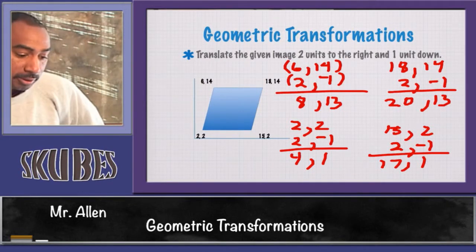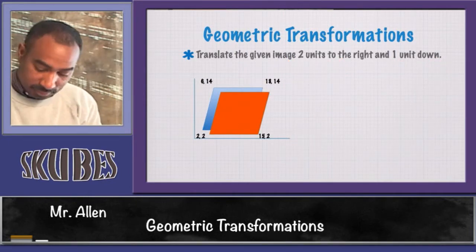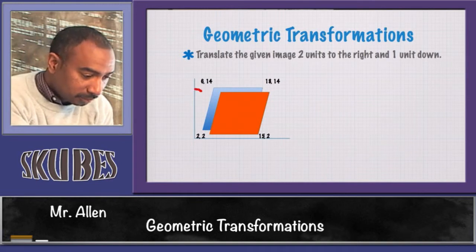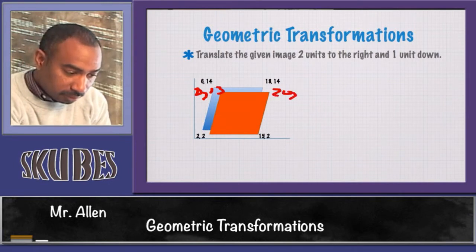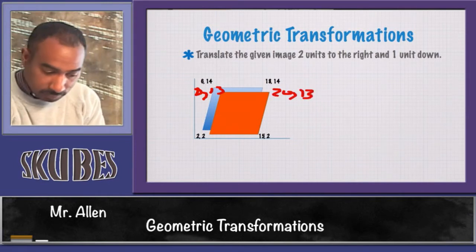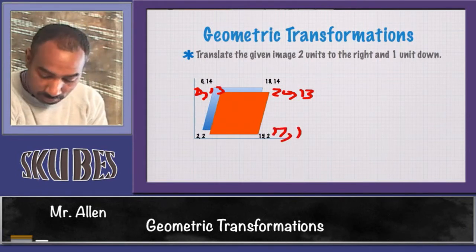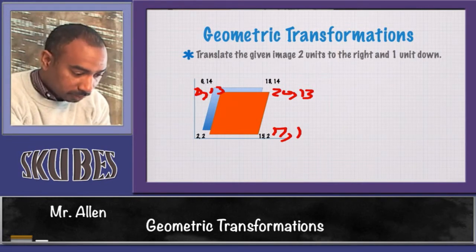And these are your new coordinates. And when you translate it, that's what you're going to get. So this becomes 8, 13. You have 20, 13. This becomes 17, 1. And this is 4, 1.